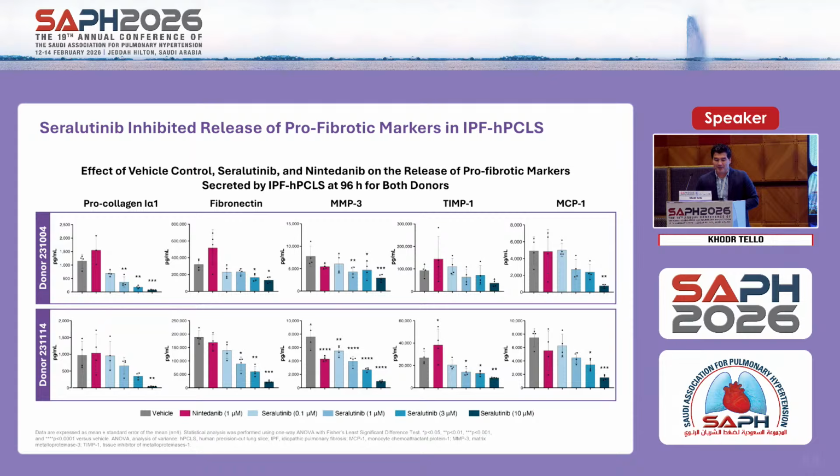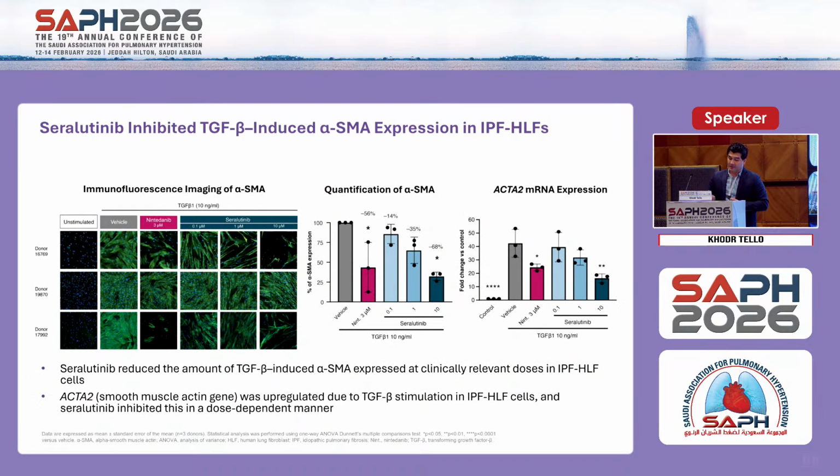Seralutinib inhibited release of profibrotic markers, so we have procollagen and fibronectin, which were reduced. Seralutinib also reduced the amount of TGF-beta-induced SMA expression, and this was the case in clinically relevant doses in IPF human lung fibroblasts. And this was comparable to nintedanib, a drug which we know is a true antifibrotic drug.